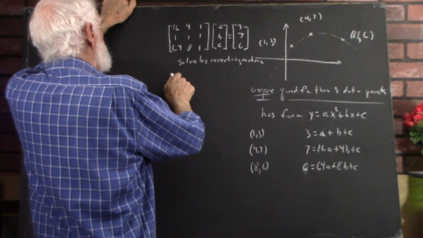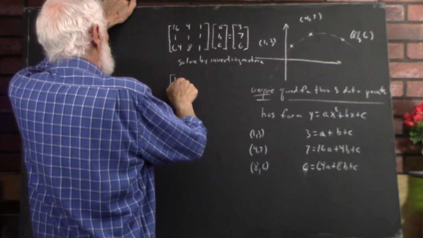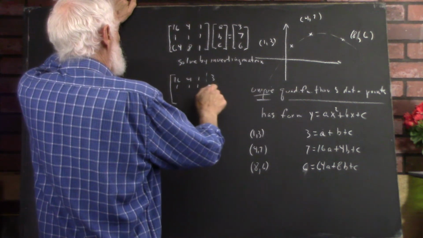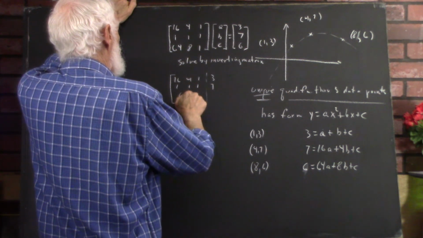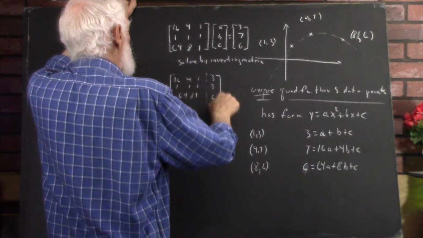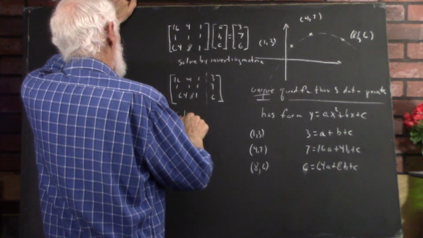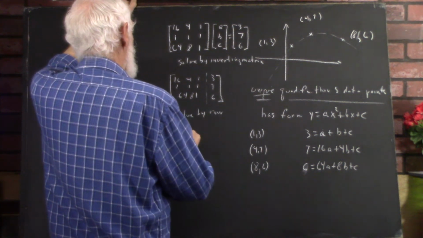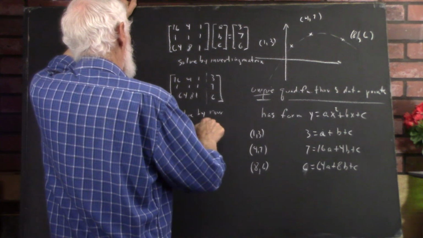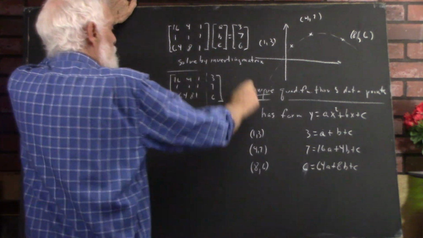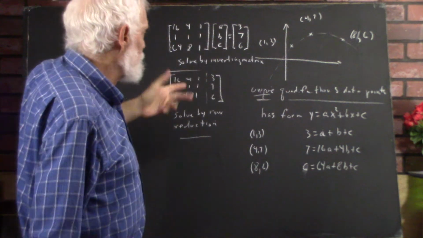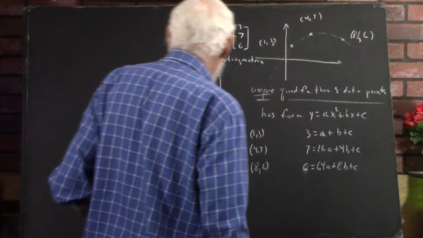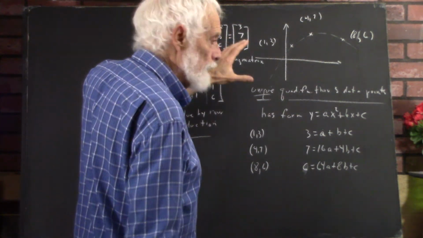Or you can write down an augmented matrix and solve by row reduction. Once you solve, you have your values of a, b, and c, you plug them in, and you have your function. So it's very straightforward, but that's a really big deal.